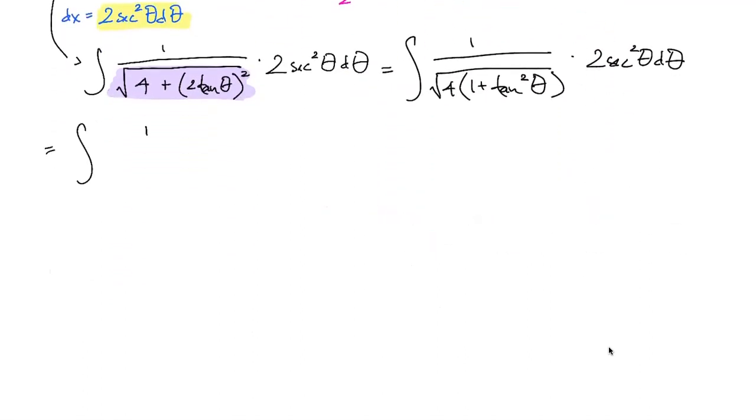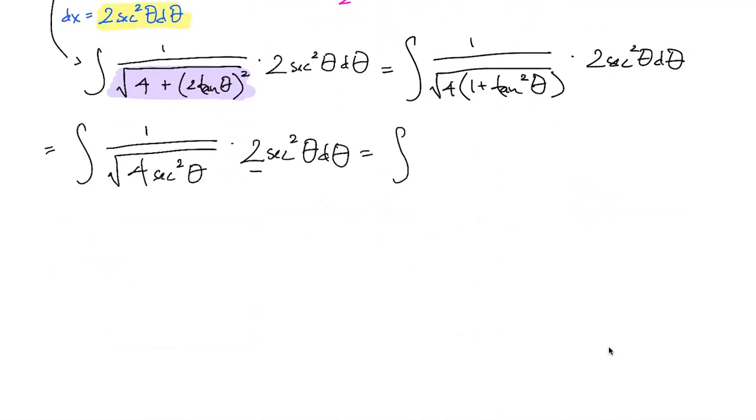I end up with 1 over square root of 4 secant squared theta. And then next to it, I have 2 secant squared theta d theta. And I can take this and put it in the numerator. And then the denominator, I can now reduce to 2 secant theta because I took the square root. And so things start to reduce at this point.